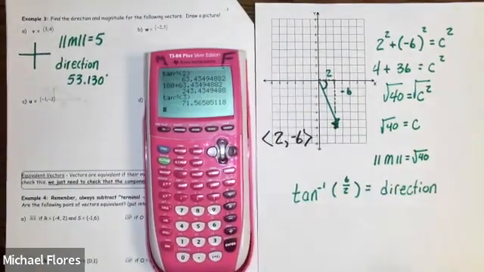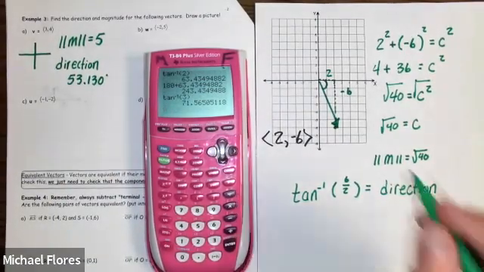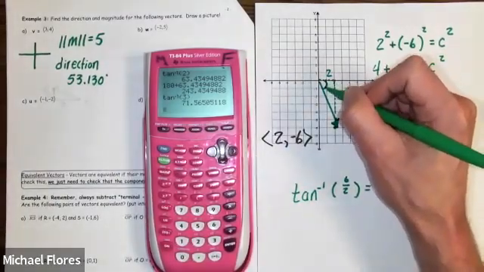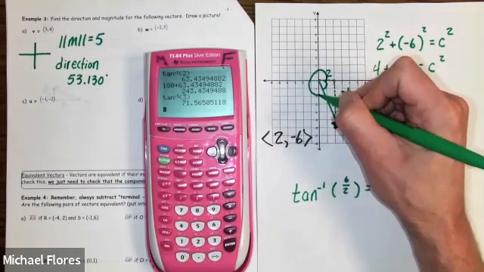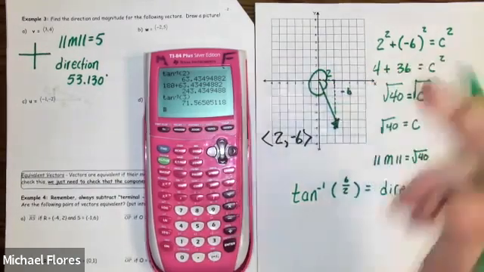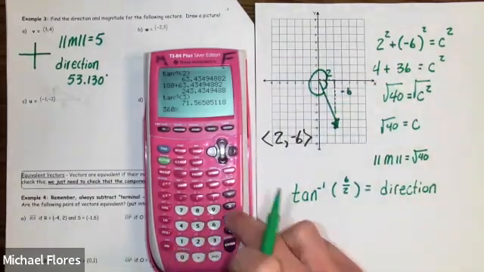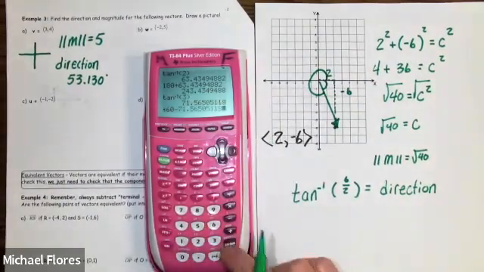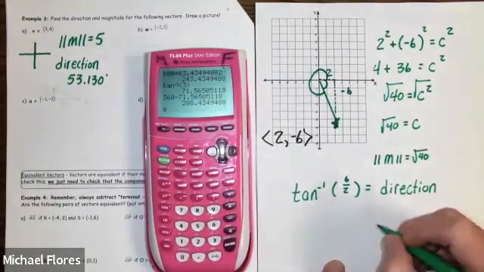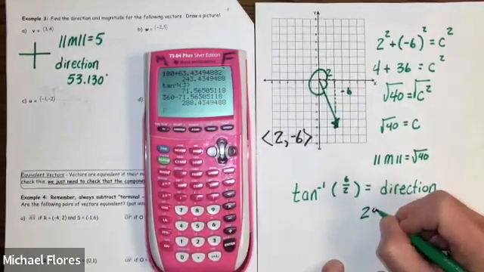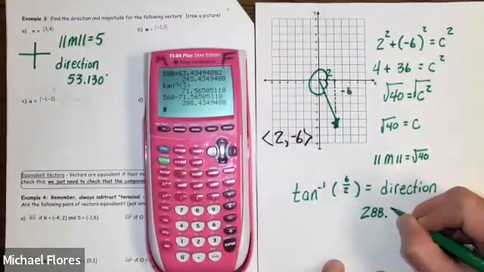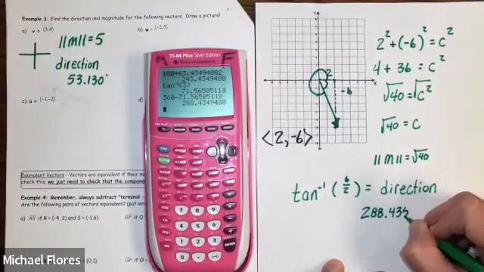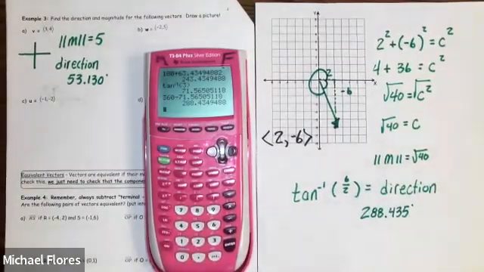We get 71.565 degrees. Now remember, that's the angle here, but we need the angle from here to here. So we would have to do 360 degrees minus that amount that we just solved for to get an answer of 288.435 degrees.